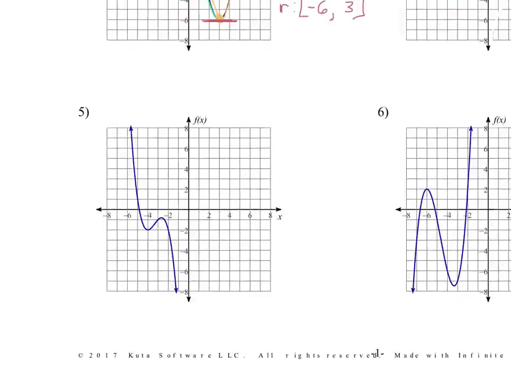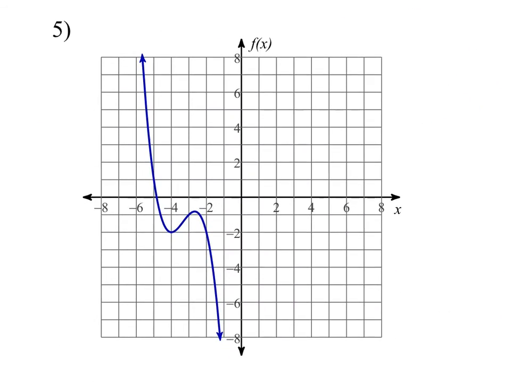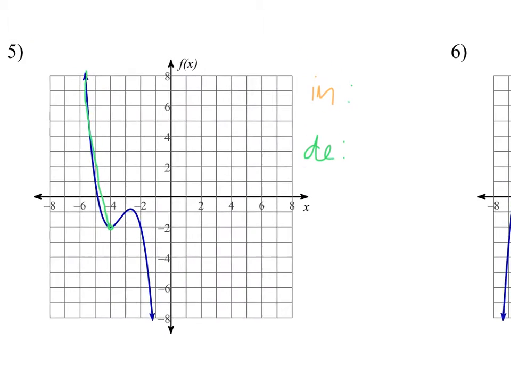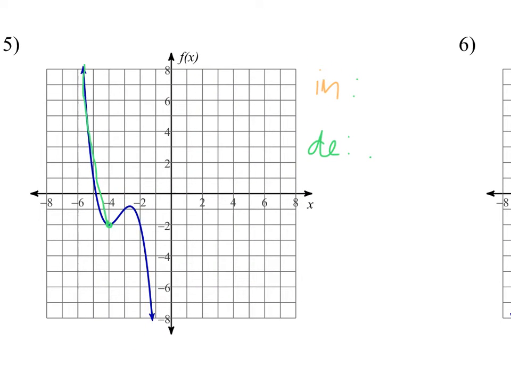All right, let's go to 5. So our graph starts off decreasing until we hit x is -4. So our first interval for decreasing is -∞ to -4.